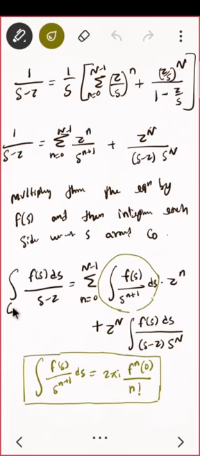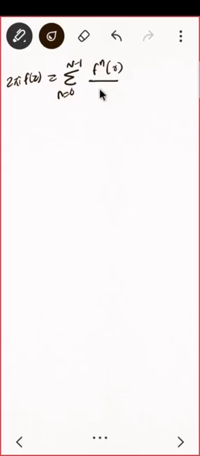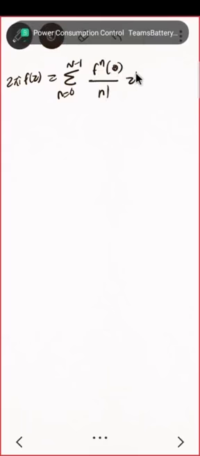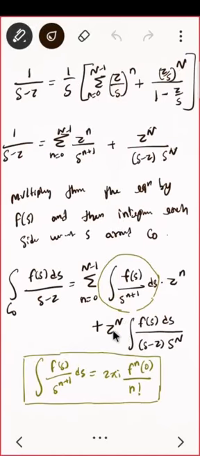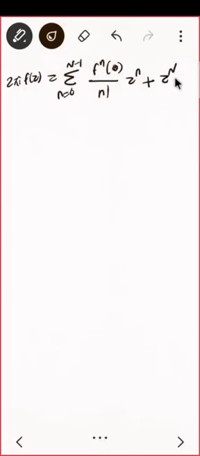So it will be 2 pi I f of z, that is equal to summation n equal to 0 to n minus 1 f nth derivative at 0 upon n factorial into z raised to n, plus, whatever it is, keep it as it is, z raised to n, and that integral f of s ds upon s minus z s raised to n over c naught.